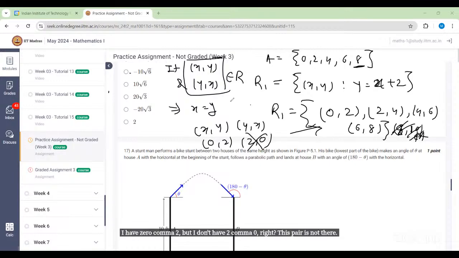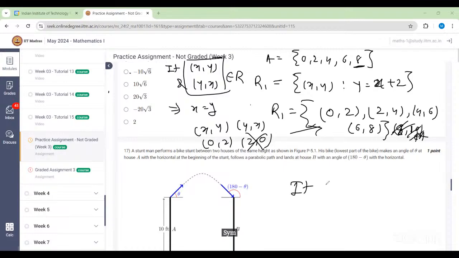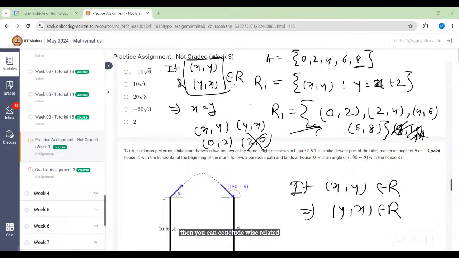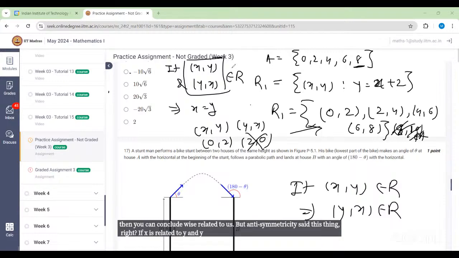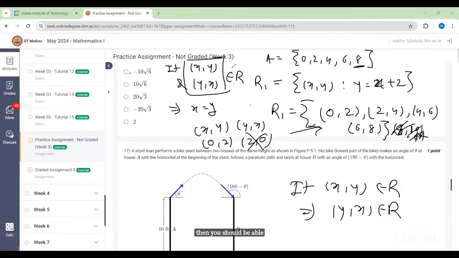As we discussed earlier, symmetric says if x is related to y, then you can conclude y is related to x. But antisymmetricity says if x is related to y and y is related to x, then you should be able to conclude x and y are equal. So is this not antisymmetric?